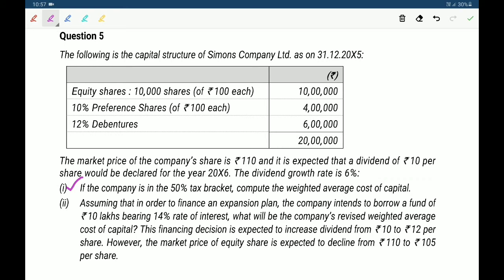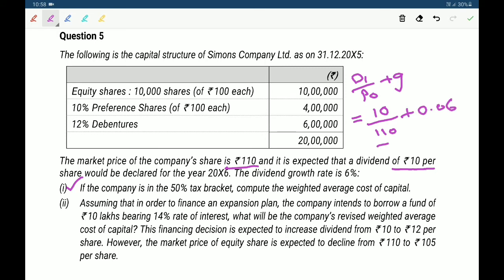So to find out weighted average cost of capital, first of all we have to find out cost of equity. What is the cost of equity? D1 by P0 plus growth rate. What is the D1 here? 10 rupees per share would be declared for the year 2016. That means 10 by, what is the market price? 110, plus growth rate 0.06.